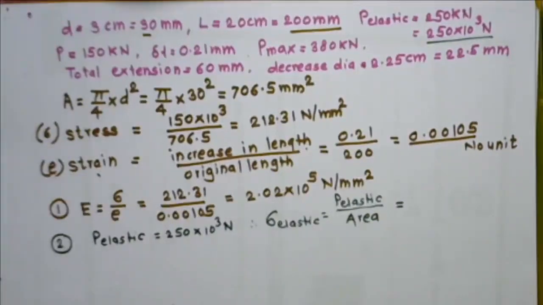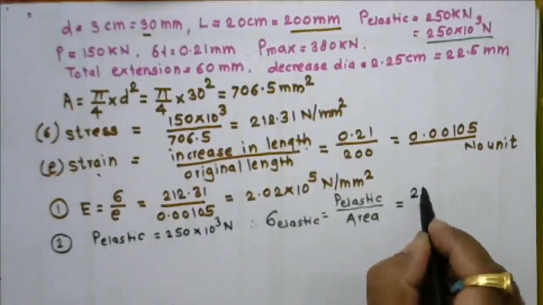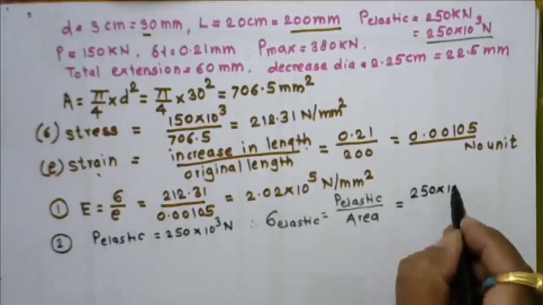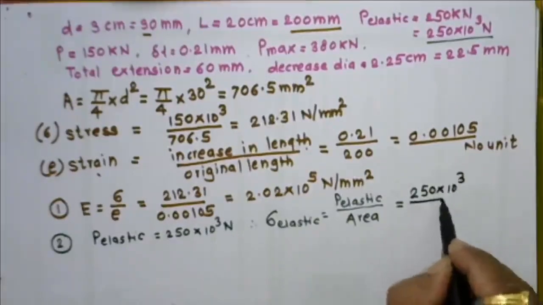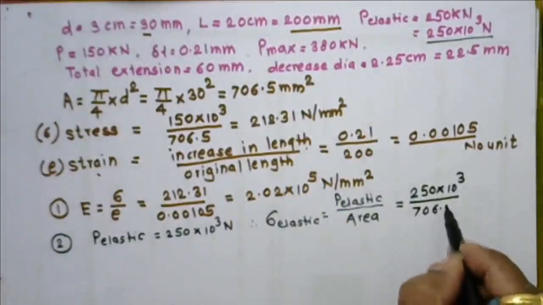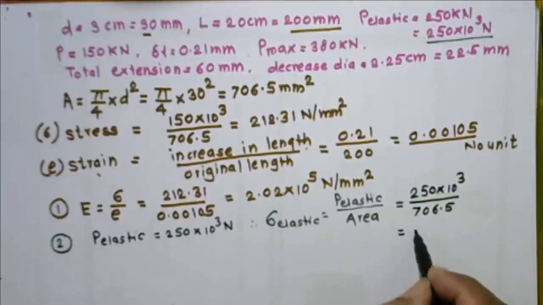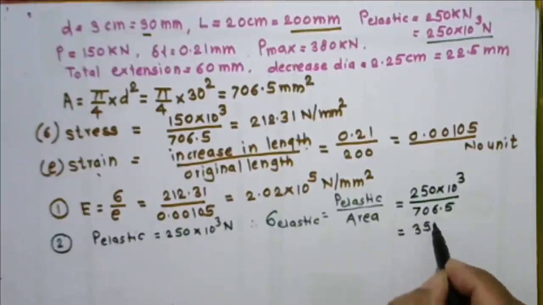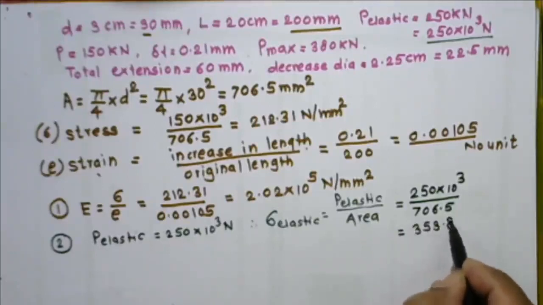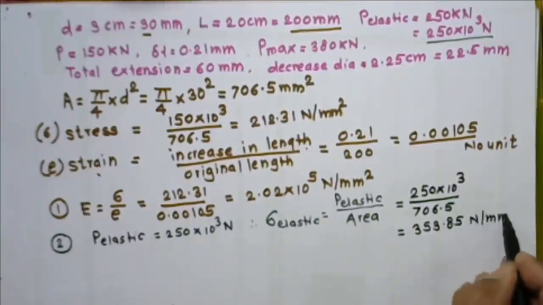Put this value here: 250 into 10 raised to 3, area we know, that is 706.5. So do these calculations, the answer is 353.85 Newton per mm square.